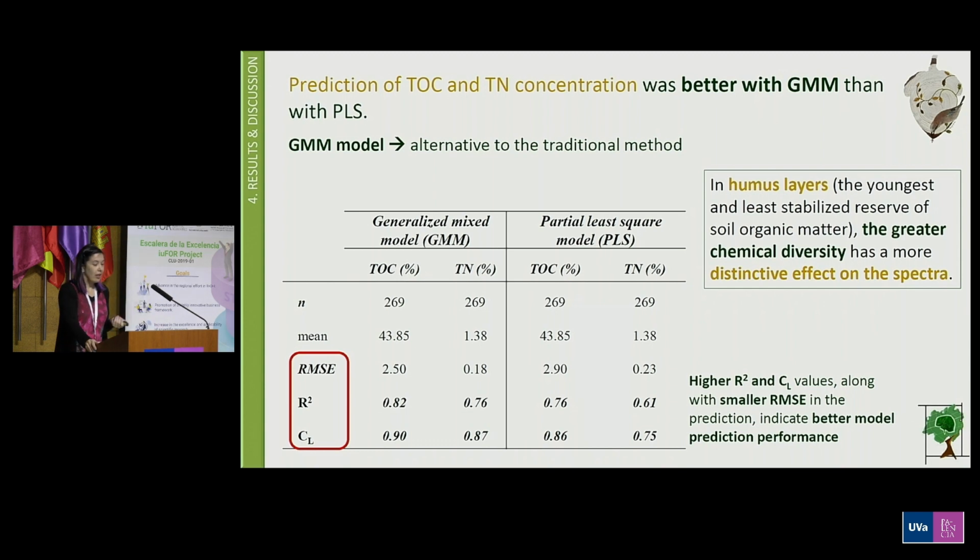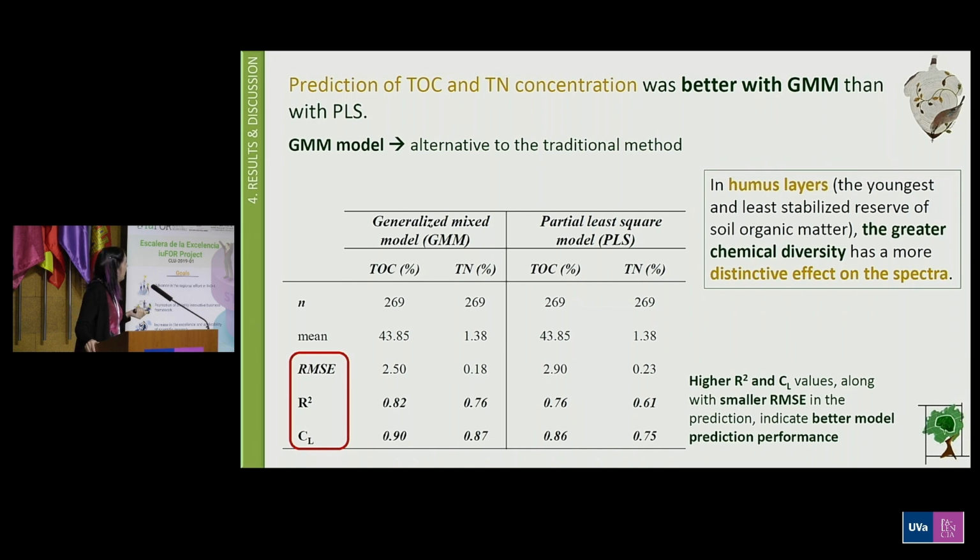Here you can see in the table that, well, these three parameters are important for the models to know if the model has a good prediction performance or not. These two should be near 1, and this is better to be as low as possible.